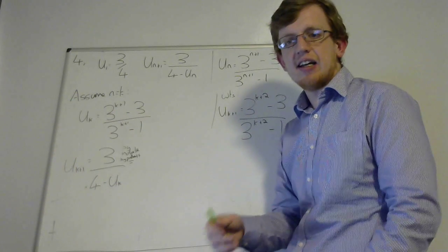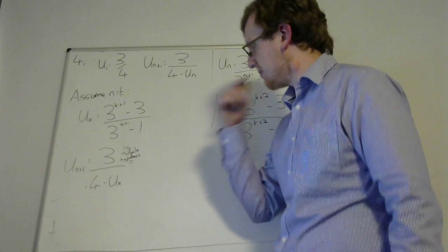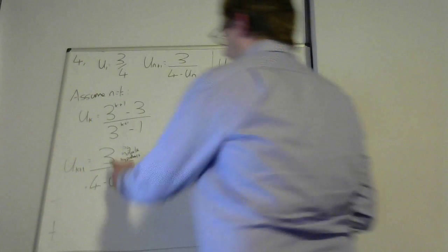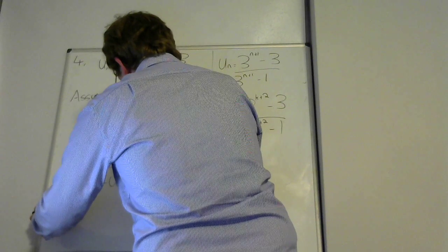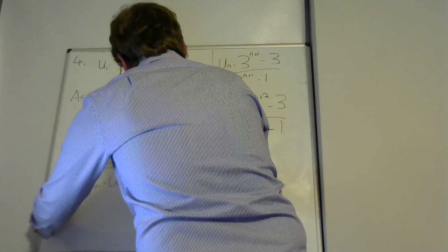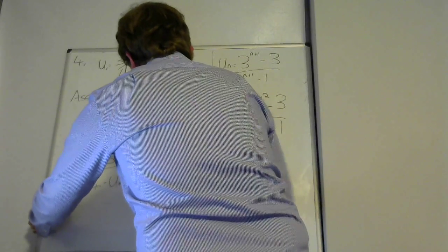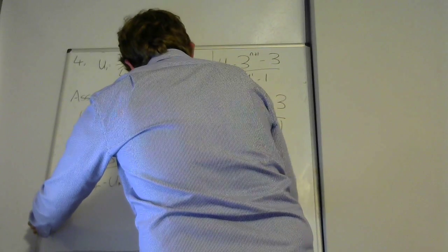And that's what the inductive hypothesis is, using your assumption. So 3 over 4 minus U_k, which we've assumed to be (3^(k+1) minus 3) over (3^(k+1) minus 1).